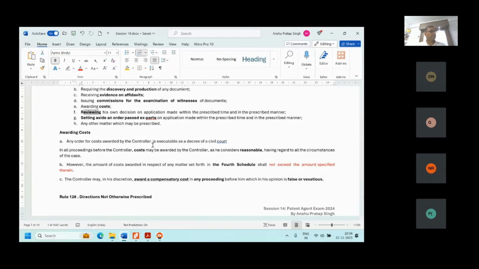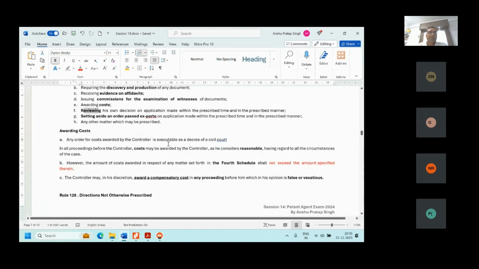Okay. So now review is a simple procedure. It is mentioned under 77F. So what happens is, if any order of the controller, whether appealable or non-appealable, everything can be reviewed. So an aggrieved party can approach the controller within 1 month of the order.